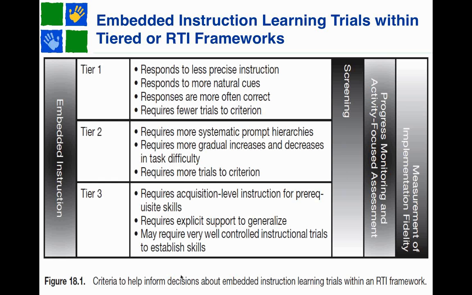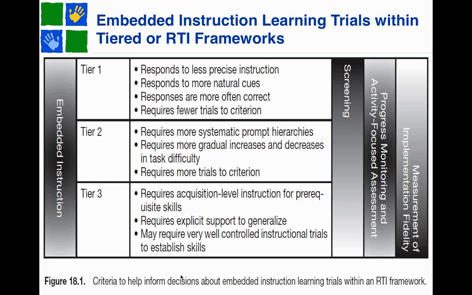So I won't go into this in great detail other than to say that when we're thinking about embedded instruction at Tier 1, embedded instruction would be happening in the context of the core instruction that's being provided to all children.